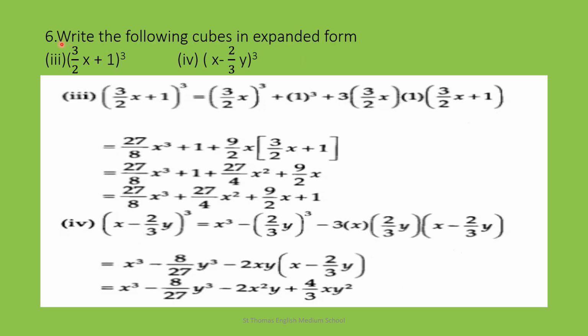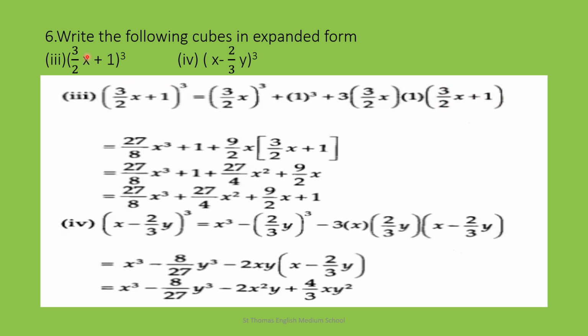Question number 6. Write the following cubes in expanded form. That is, in that third question, that is (3 upon 2x + 1) whole cube. So you are using the identity of cubes, that is (a + b) whole cube. (a + b) whole cube is a cube + b cube + 3ab multiplied by (a + b).